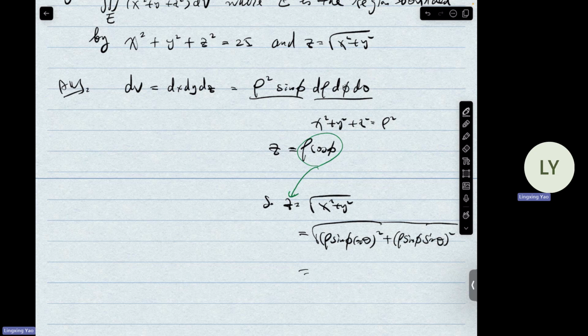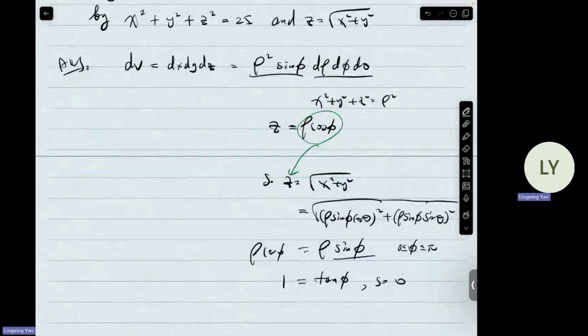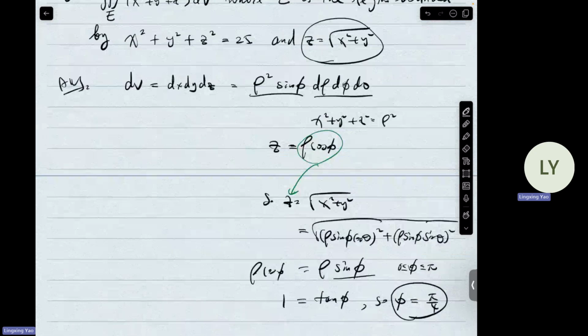You can see after you square them and use the trig identity, what you should see on the right hand side is rho times sine phi. And remember, the polar angle phi is always between 0 and pi, so this is always positive. And on the left, you have rho cosine phi. So we cancel the rho, and we can see 1 equals tangent phi. So phi equals pi over 4 represents this cone.